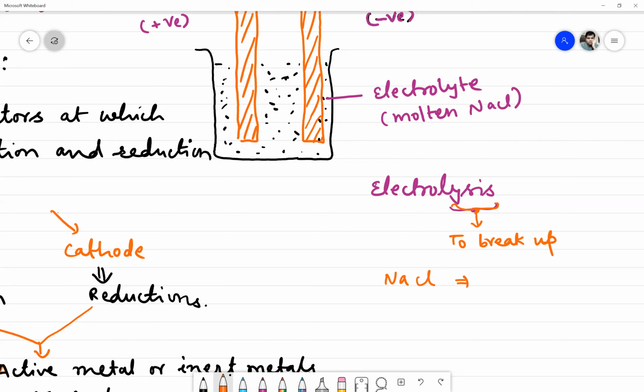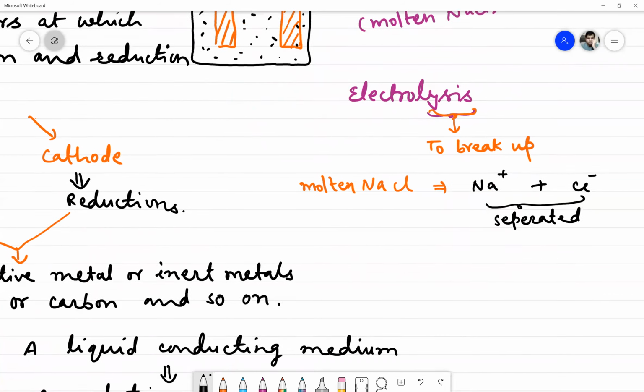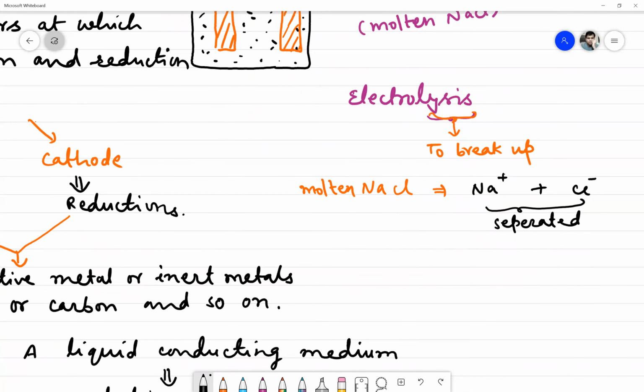The sodium ions and chloride ions are separated, and they migrate towards the opposite electrode.